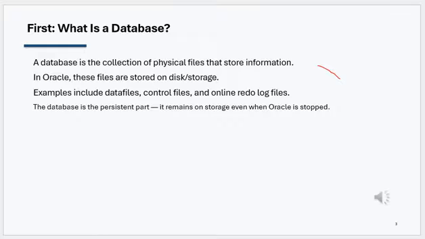These files exist on the storage like hard drive or ASM storage disk, etc. And this is an important point. The database files are persistent. That means even if Oracle is stopped, the files remain on the disk.